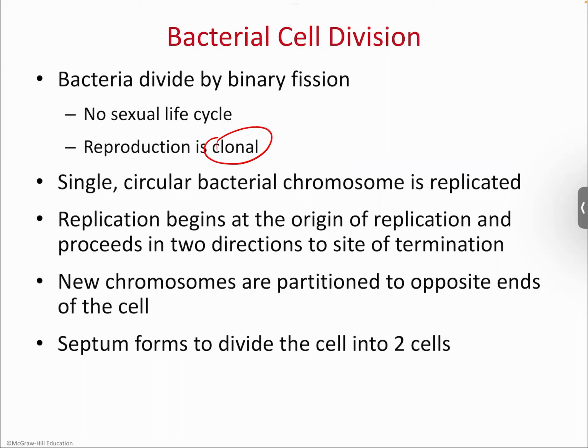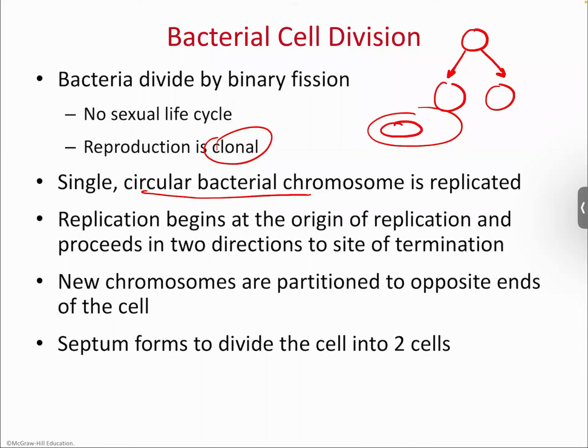In bacteria, their genome is a huge circle. That genome in the nucleoid region is a giant circle, just kind of all folded on itself. And then the first thing you have to do in cell division is go from one parent cell to two daughter cells.